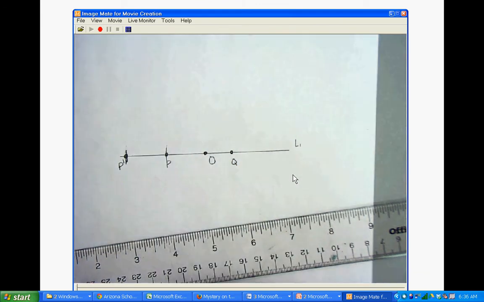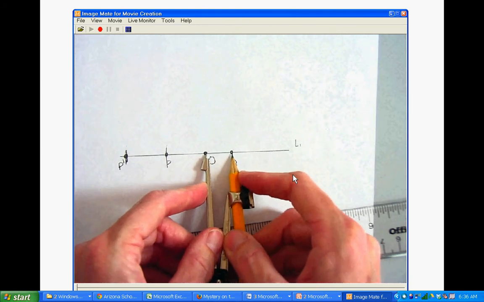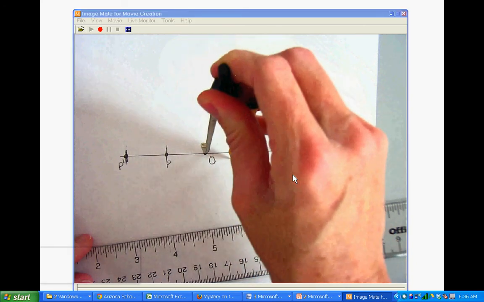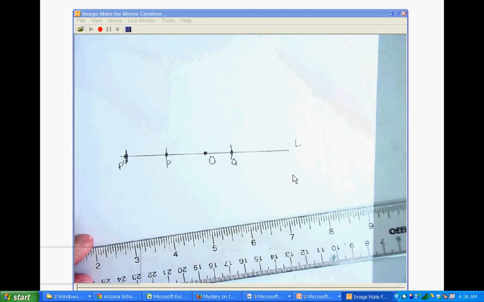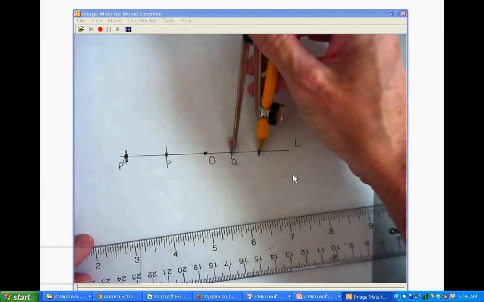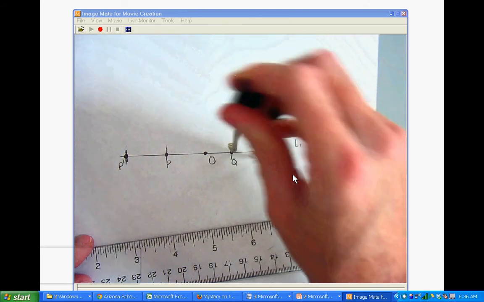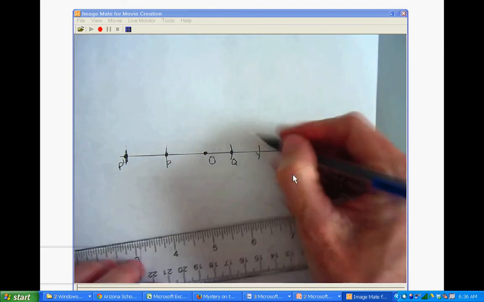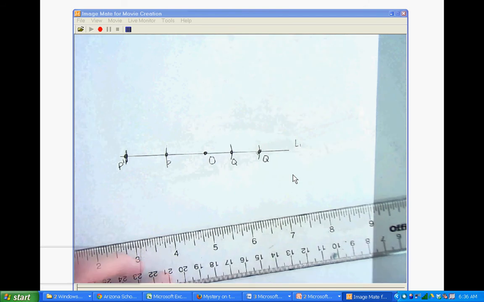If I do the same thing to OQ, and then go ahead, use that same measurement to cross again line L, then this becomes Q prime. Okay?